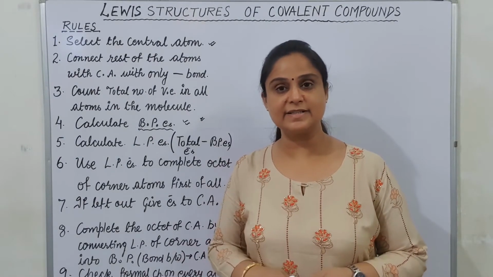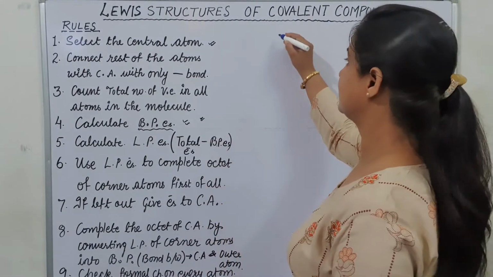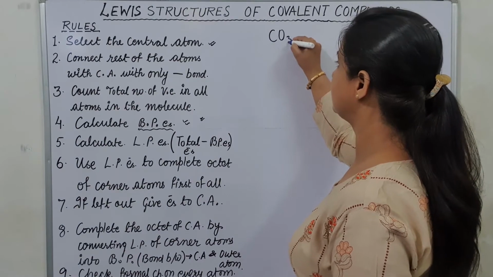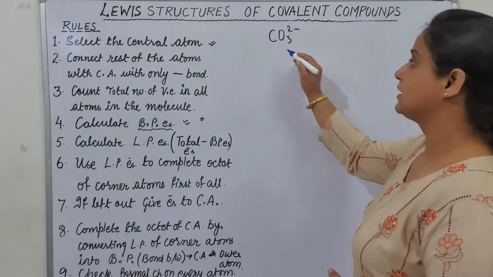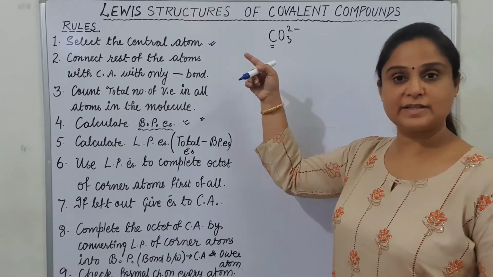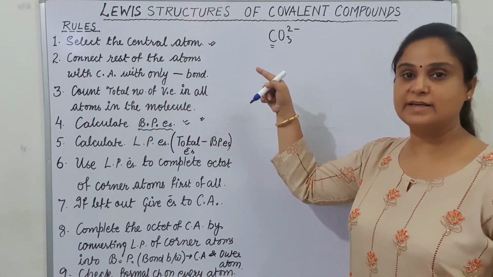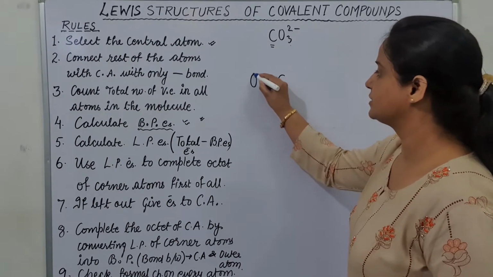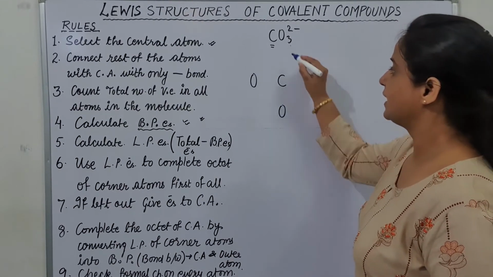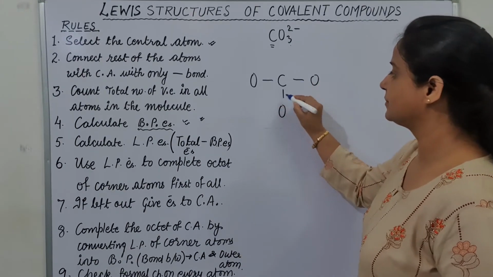So let's take one example of the negative species, and here it is CO3 2 minus. So let us start making it. Carbon, because it is less in number in this particular ion, so I am taking it as a central atom. So here it is carbon connected with 3 oxygen in all 3 directions, and 1 bond I will be making between all.